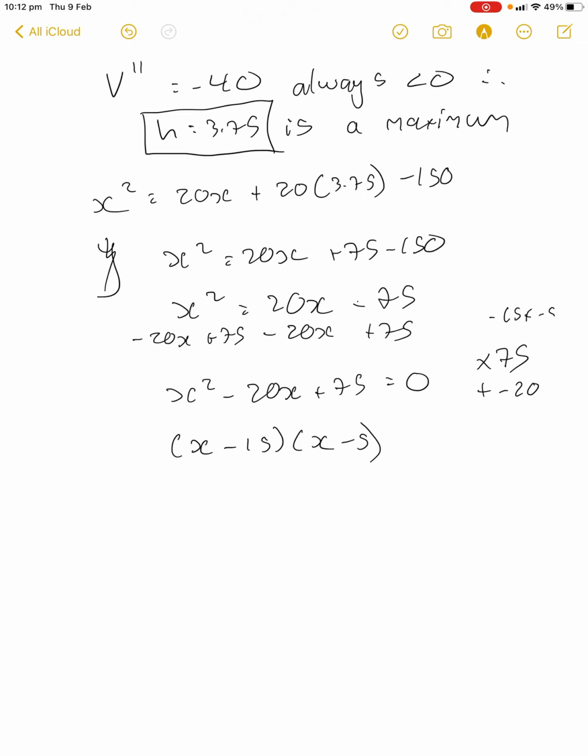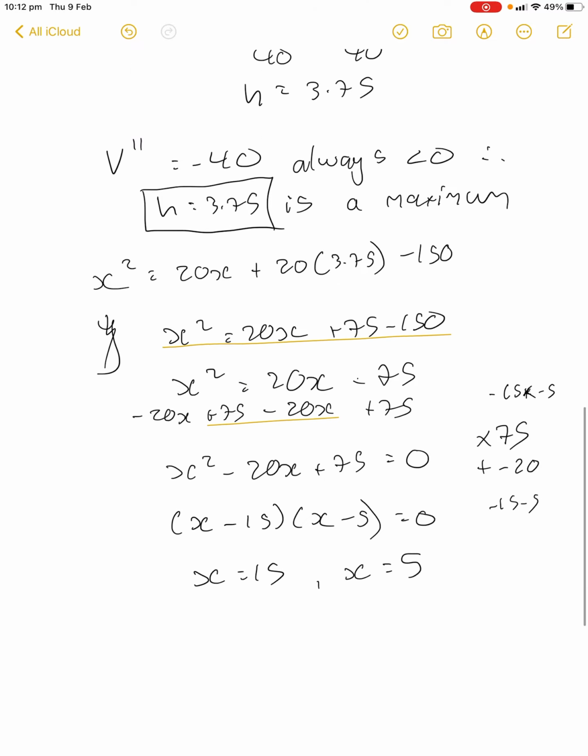Minus 15 times minus 5 is positive 75, and minus 15 minus 5 is minus 20. Equals 0, so we have x is equal to 15 and x is equal to 5. Two different x values for this. I didn't think we were going to have two x values for this, but that's just how we do it.